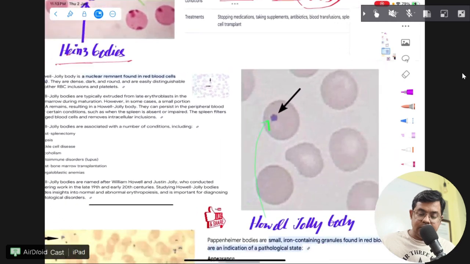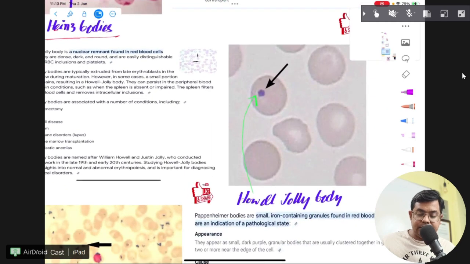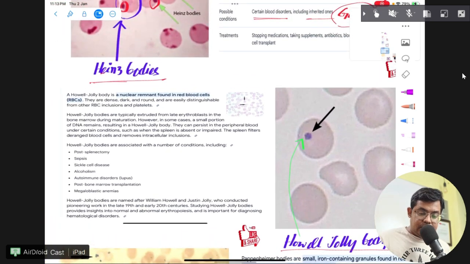Now, coming to another interesting inclusion, that is Howell-Jolly body. Now, what is a Howell-Jolly body? It is a nuclear remnant found in the red blood cells.